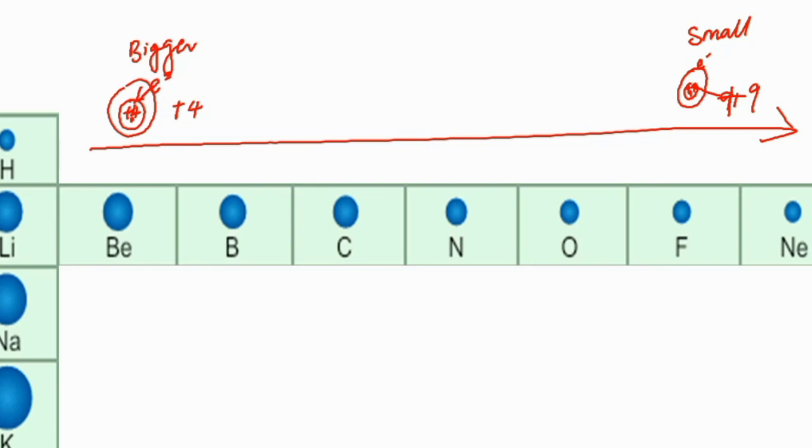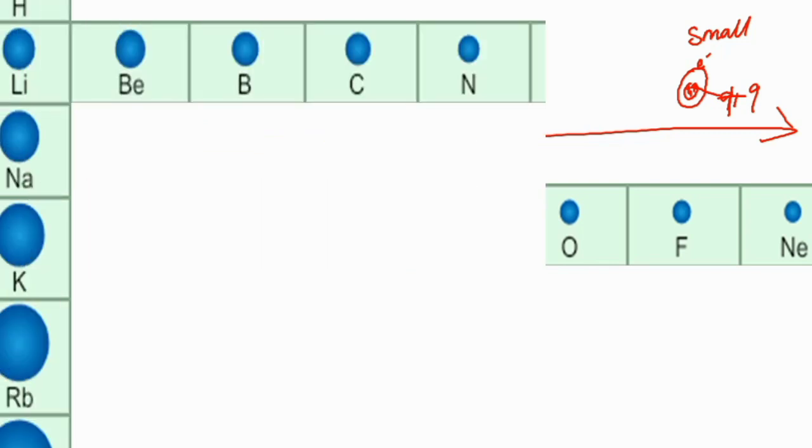So the electrons are feeling the attraction, and therefore it is making the shell shrink, which means decreasing the size of an atom.